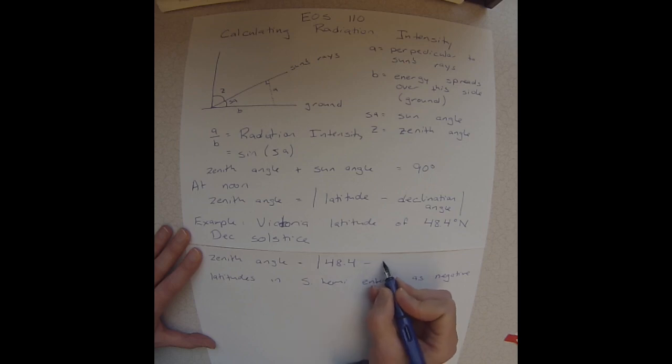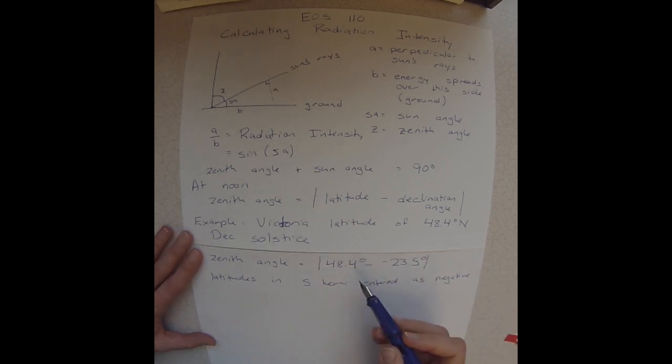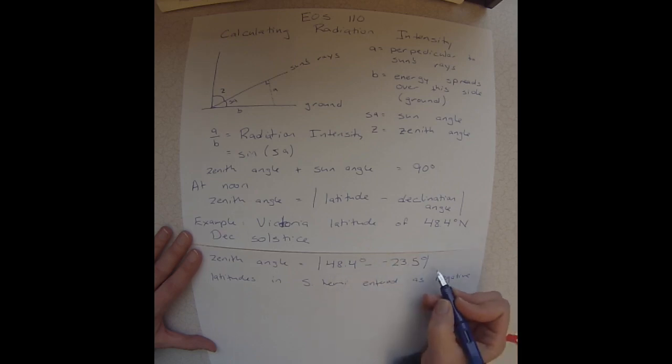So I want to enter here a negative 23.5 degrees. My zenith angle then is 48.4 degrees minus a negative 23.5 degrees, or you could change the sign in your head and say this is 48.4 plus 23.5.